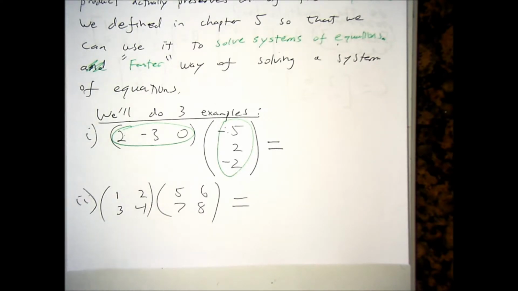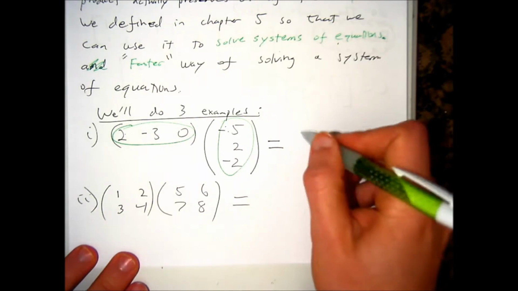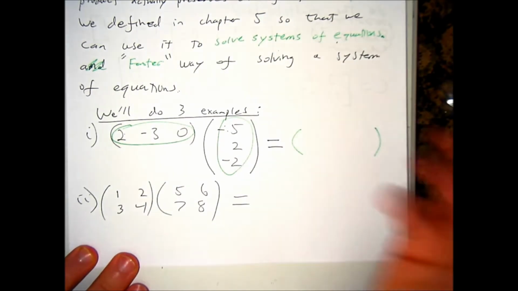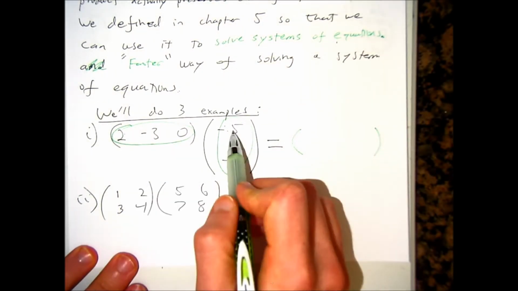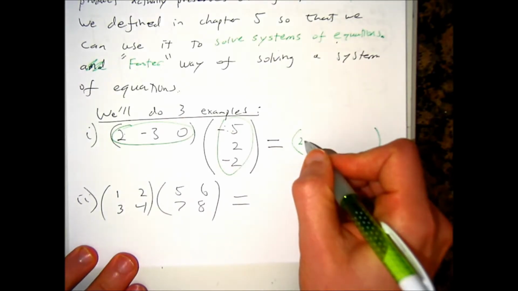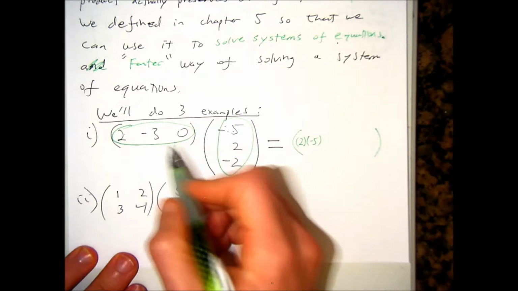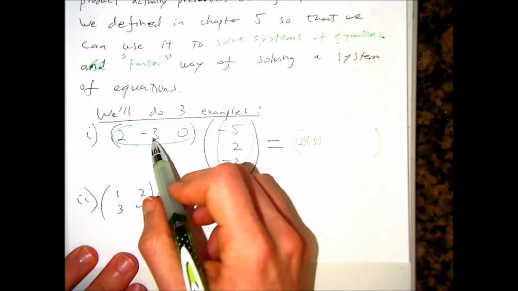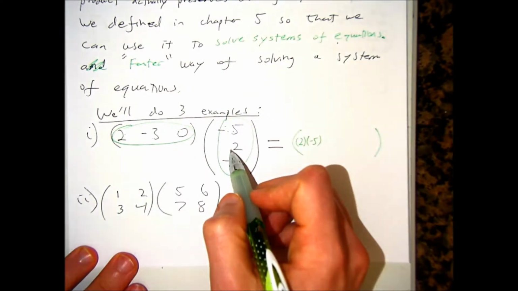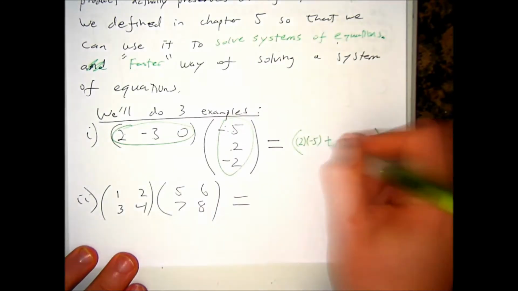Right, this is actually example 5 on page 472. So this becomes a row vector, and it's this number times this number, so 2 times -5, and then this number times this number. Oh, it's not a row vector, I'm sorry, it's a sum.